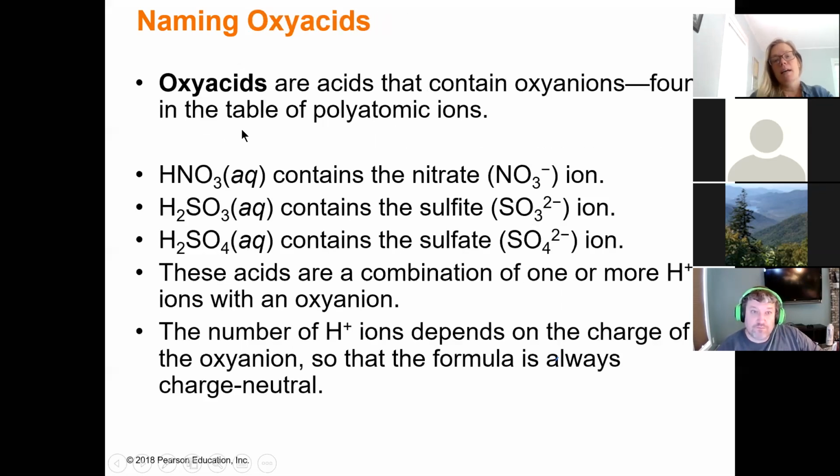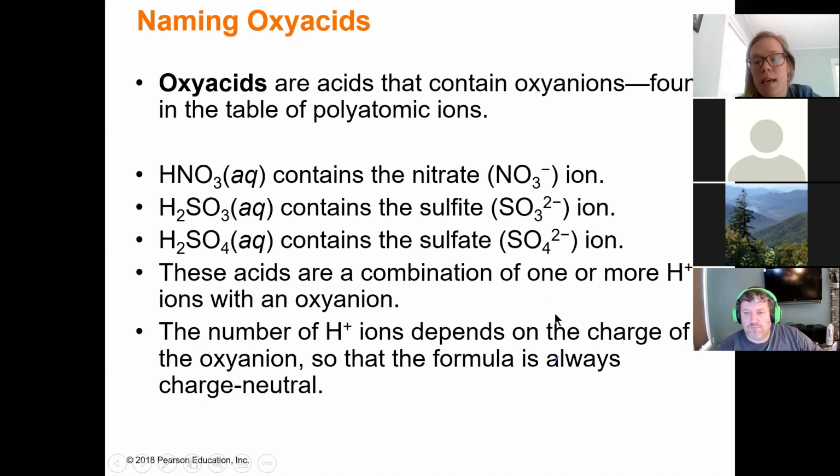What happens if it's an oxyacid? Like HNO3, this is an acid that has the nitrate ion. H2SO3 has the sulfite ion. H2SO4 has the sulfate ion. When naming these, we don't say the word hydro in the front.